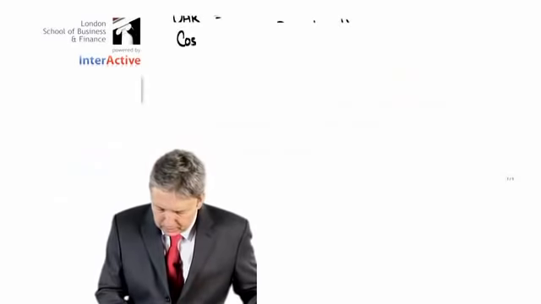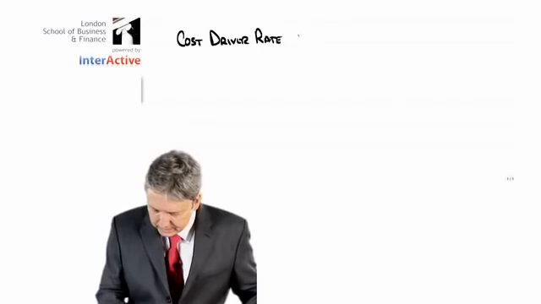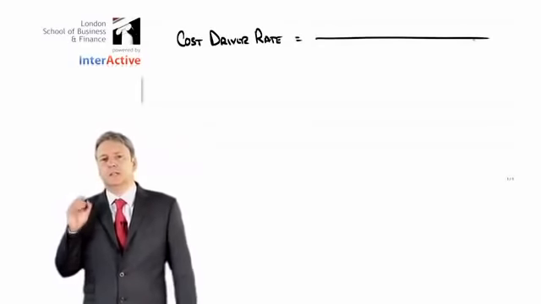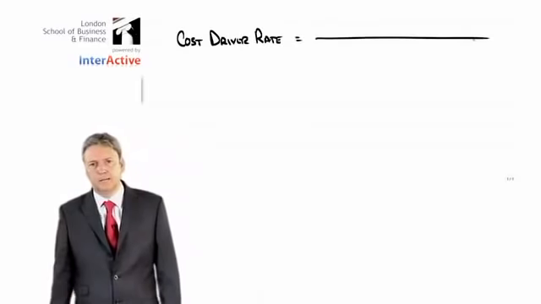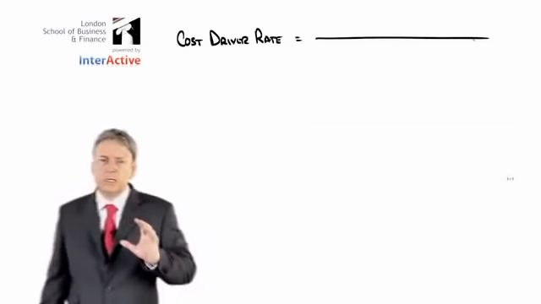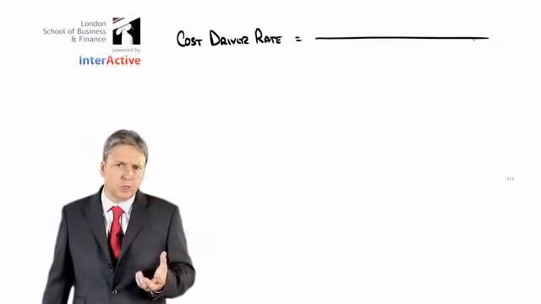Right, if we're looking at a cost driver rate, some people say that you've got to call it something fancy. But I'm not very fancy, and my view is let's keep it as simple as we possibly can. To my view, and don't let anyone else know this, this sort of computation is very similar to absorption costing.